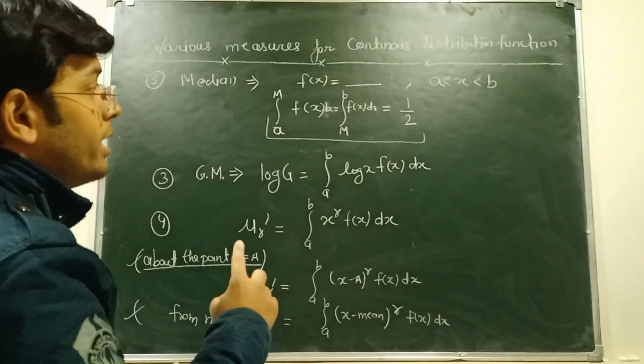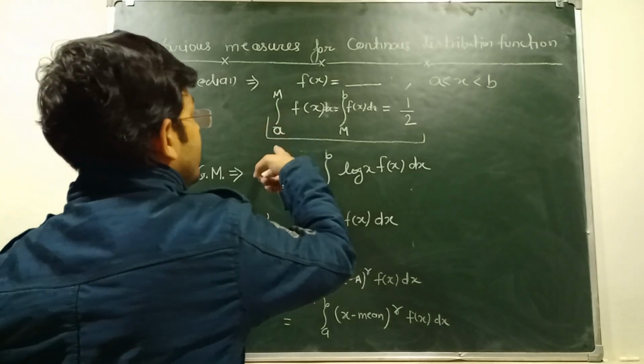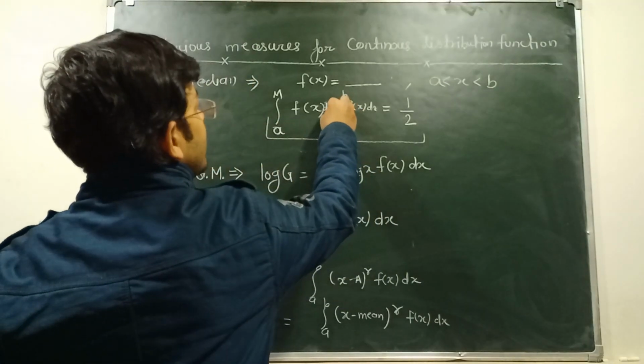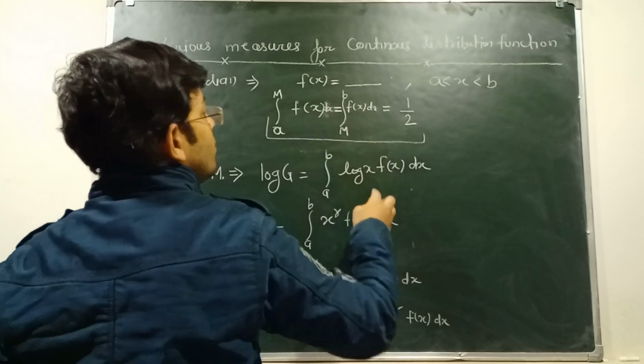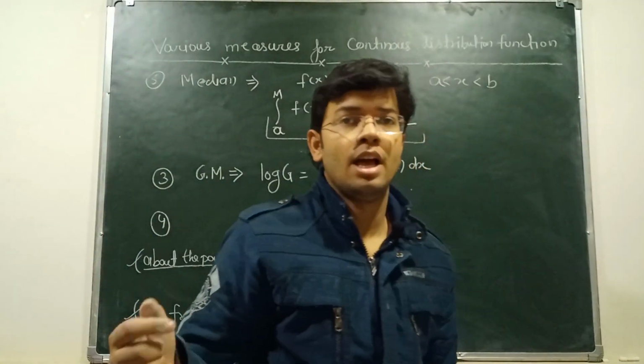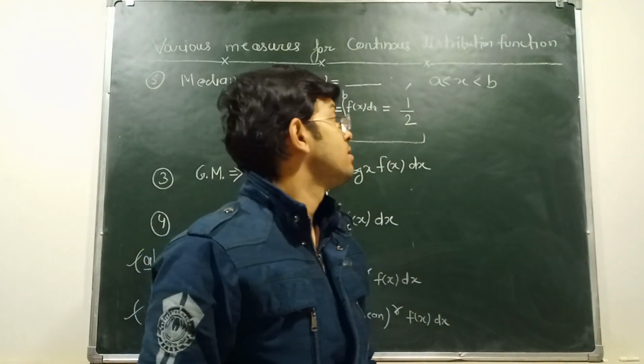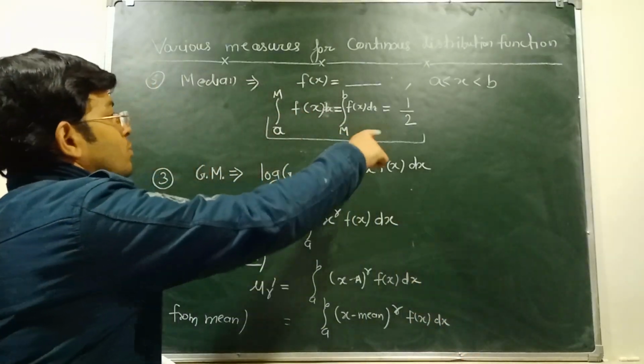So the formula of the median is the integral from a to m of f(x) dx, and we have to remember that this would be equal to 1 by 2.